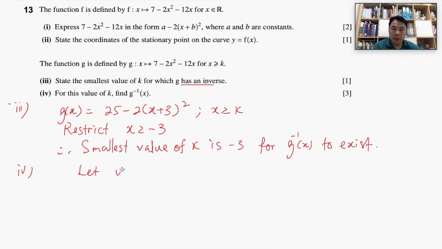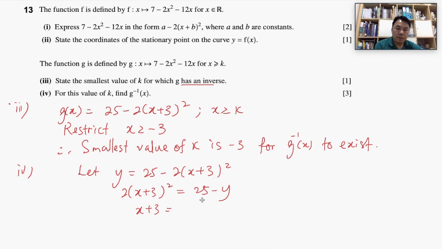As usual, we will let y equal to 25 minus 2(x + 3) squared. And then from here you have (x + 3) squared equal to... just let me correct that. That is (25 minus y). We will have (x + 3) squared equal to (25 minus y) divided by 2.